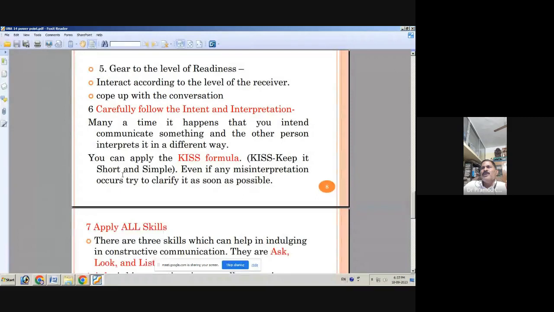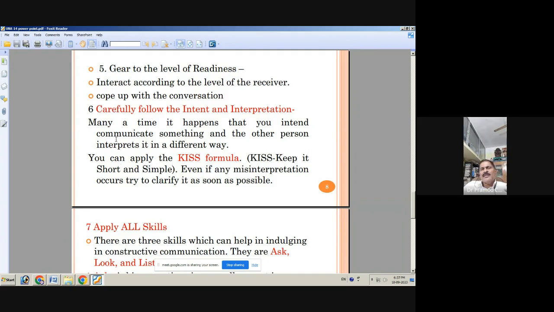Next is carefully follow the intent and interpretation. You know that sometimes you intend to communicate something, but other persons interpret it in a different manner.